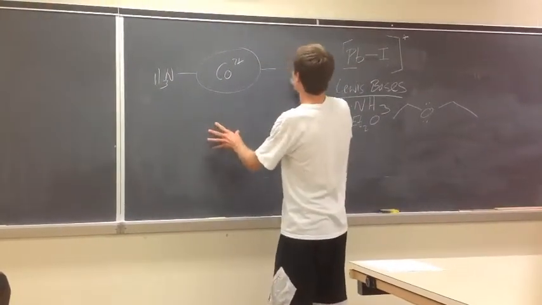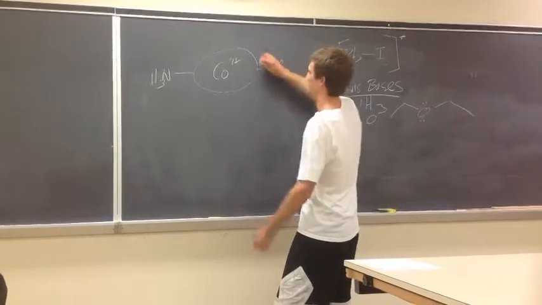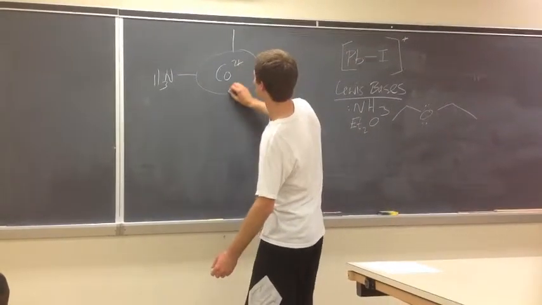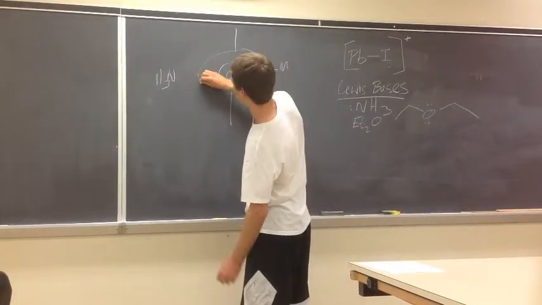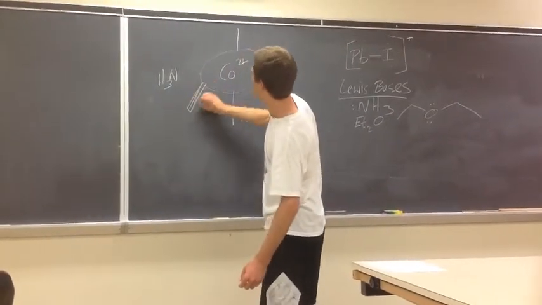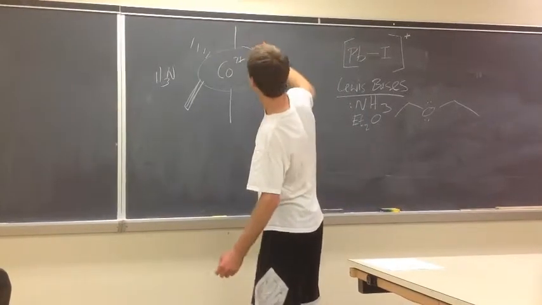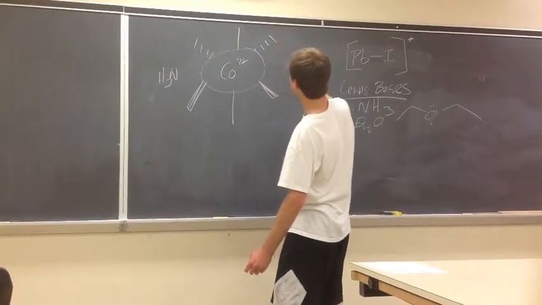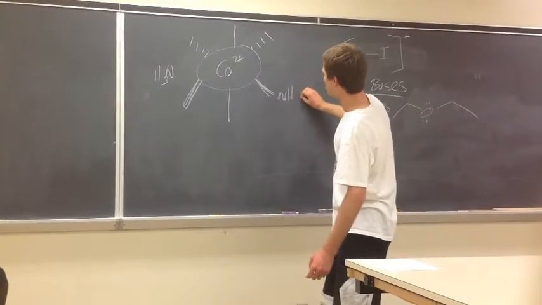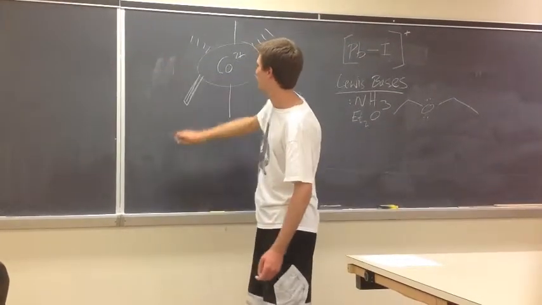You can have one come in right here, still a Lewis acid. You can have one going up, one going down. I'll draw these on a wedge here, and these will be on the dash. There you go, wedge right there. So as you can see, you can get up to 6 ammonias on this cobalt ion.